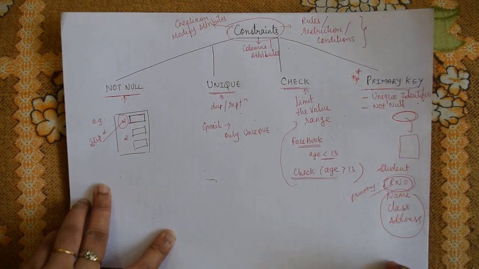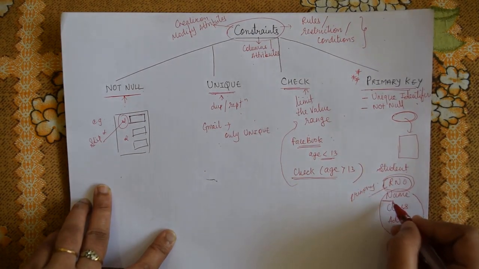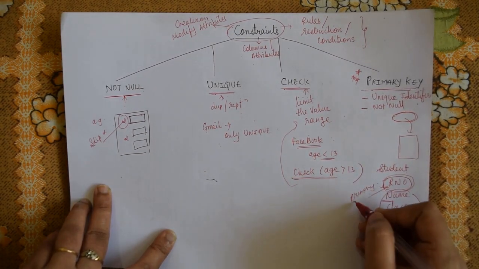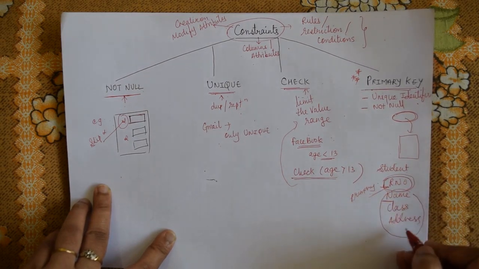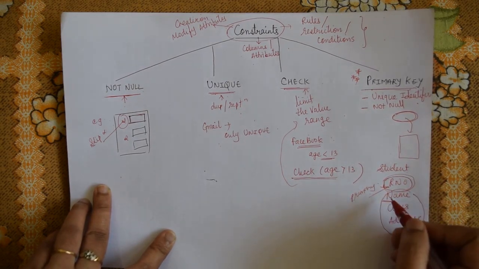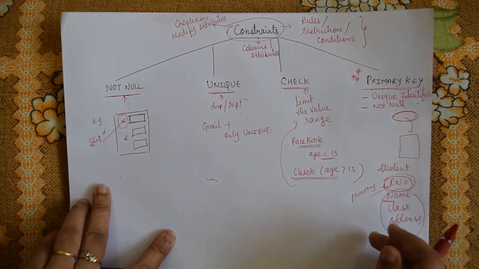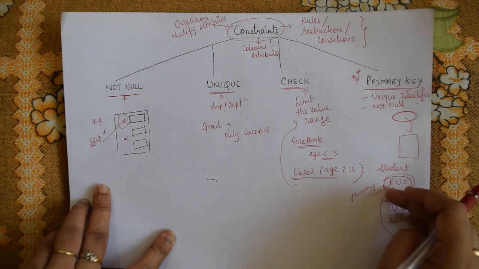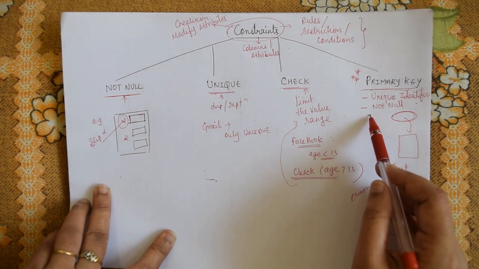If I want to search for a particular student, I will not search by name, but rather by roll number, as roll number is my primary key and I can get all other information with its help. Understood? So this is what the primary key is. Your table should always have some primary key. Primary key should not be null.